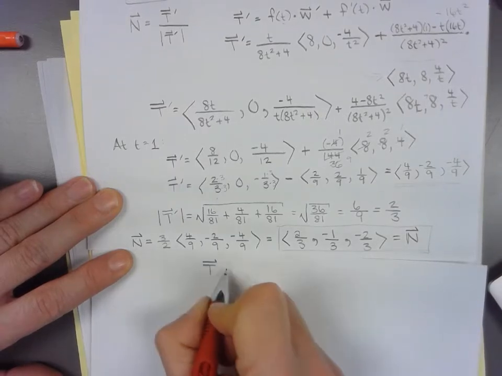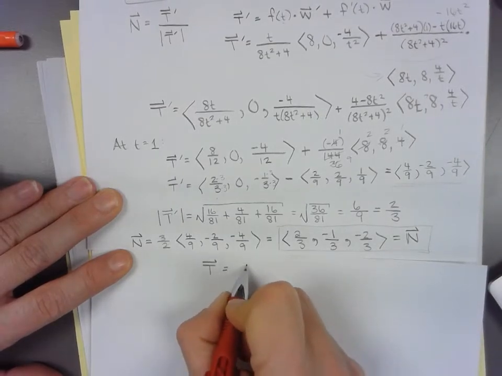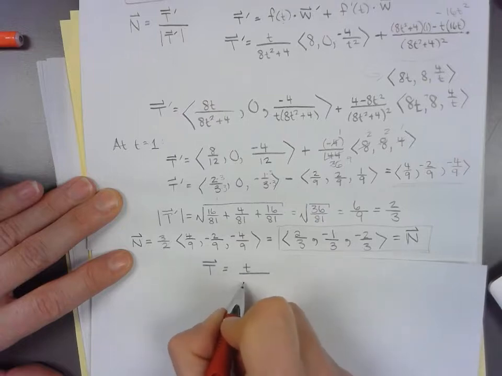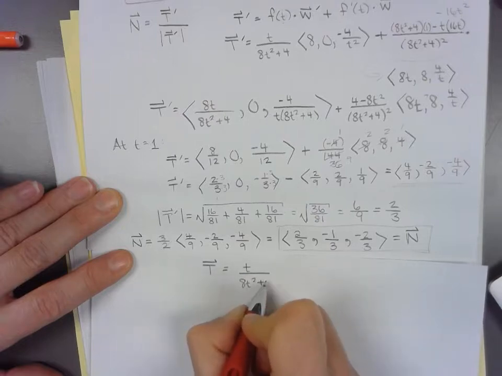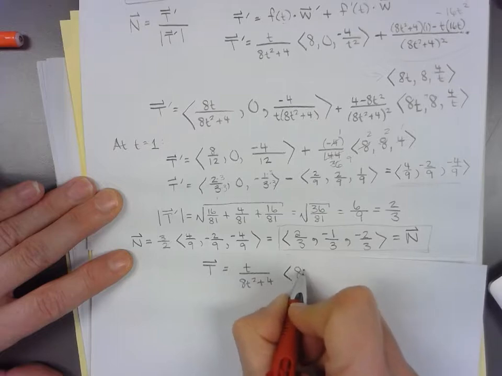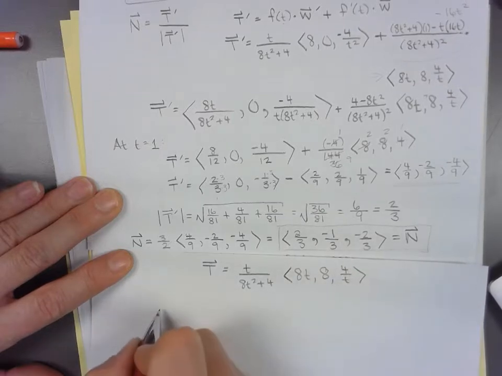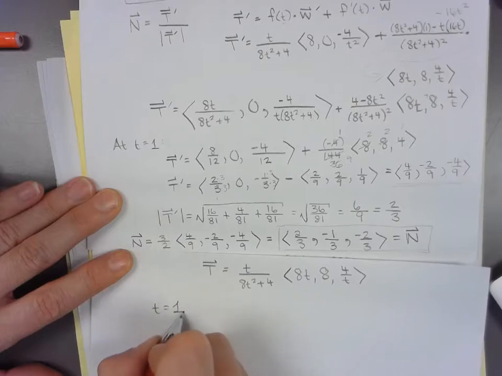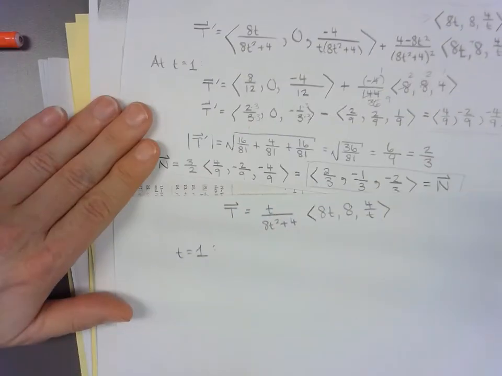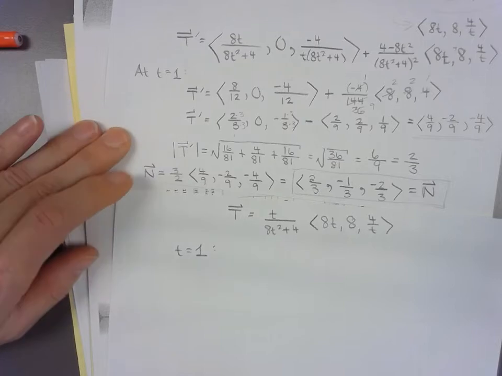Before, what did we have for T? T was t, little t, over 8t squared plus 4 times 8t, 8, 4 over t. But say I had asked you to do this at t equals 1. Little t equals 1.